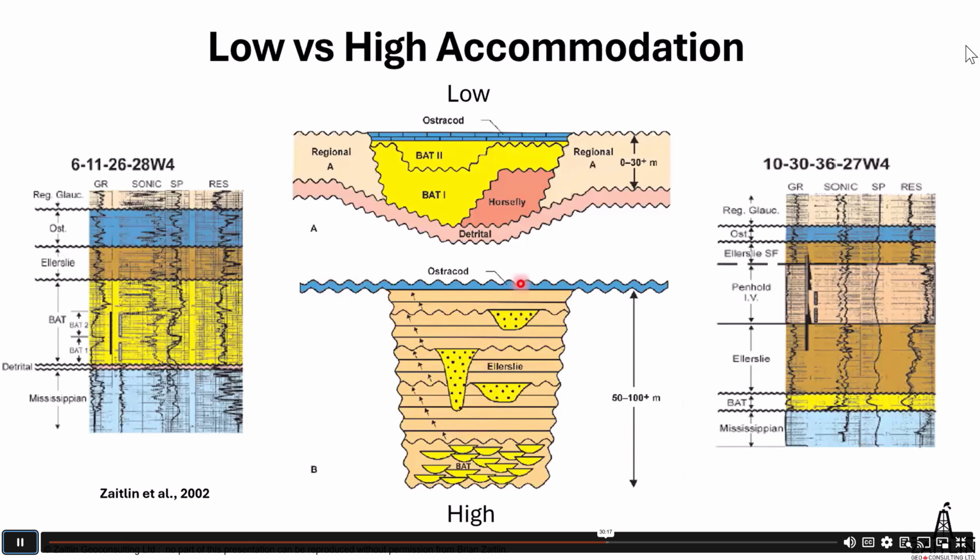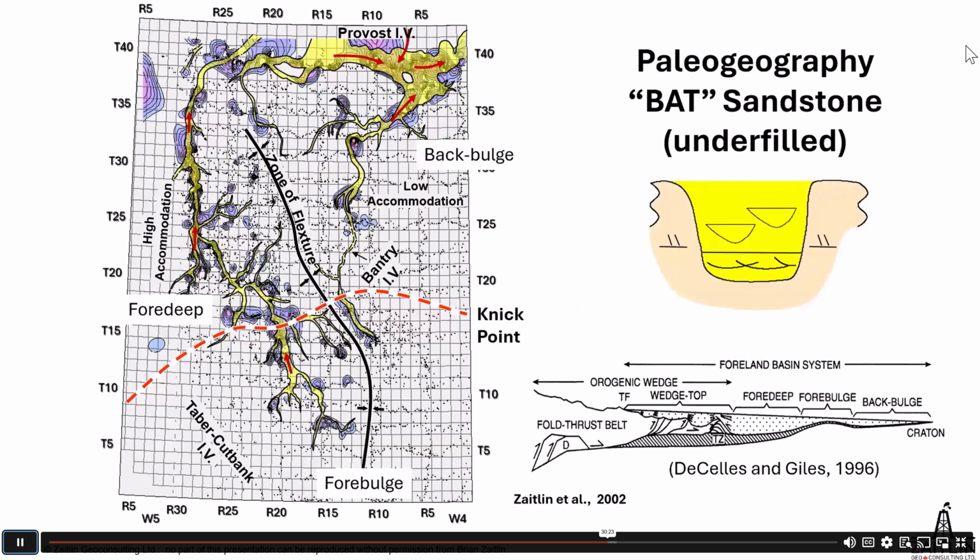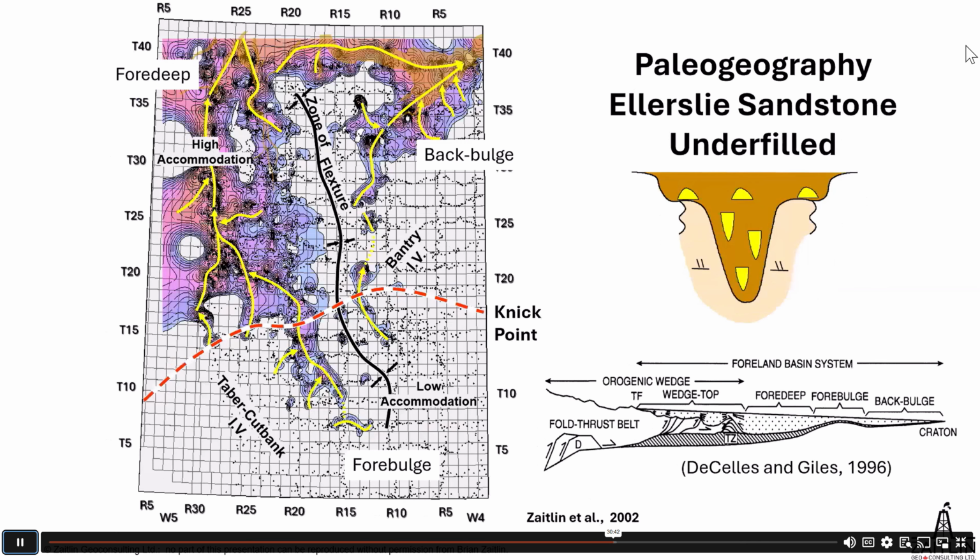All of this capped by the Ostracod in through there. So what we end up seeing here is we have the forebulge breaking out the two paleodrainages. We have the foredeep, but here the foredeep is changing from low accommodation to high accommodation as we get into those types of units as we go along.